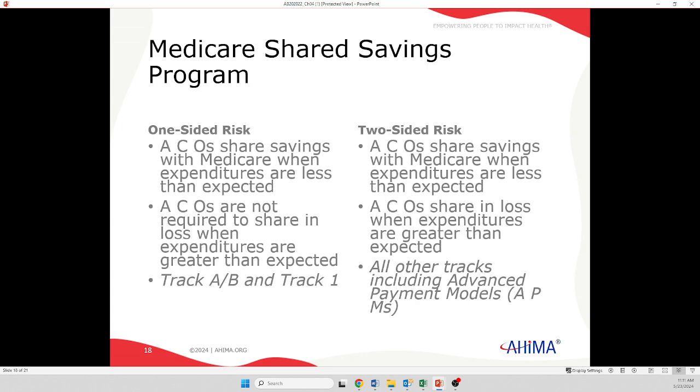Two-sided is shared savings and loss. And this makes up about 67%. And there is an example of that on page 80 where it takes you through and it shows you how to kind of multiply the different amounts. We'll look at that in just a minute.